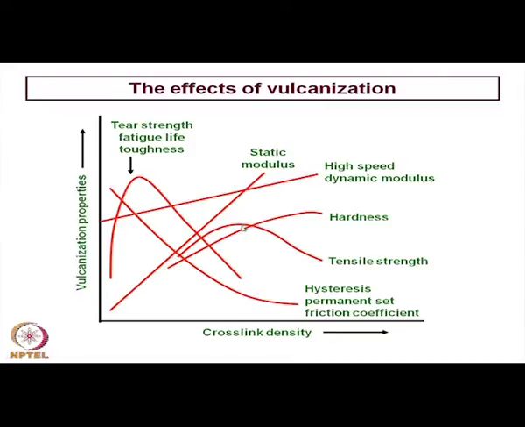That means, after reaching a maximum, it then decreases. If the cross-link density goes beyond some maximum optimum cross-link density, tensile strength decreases, and toughness also decreases.